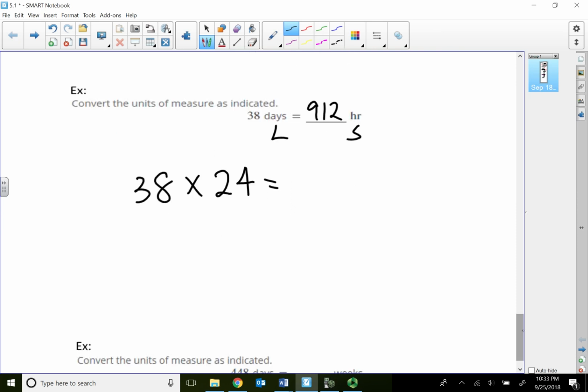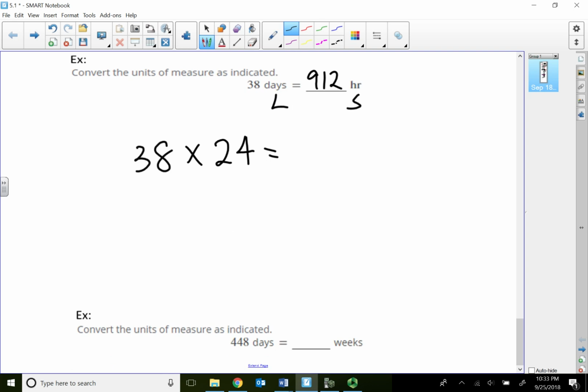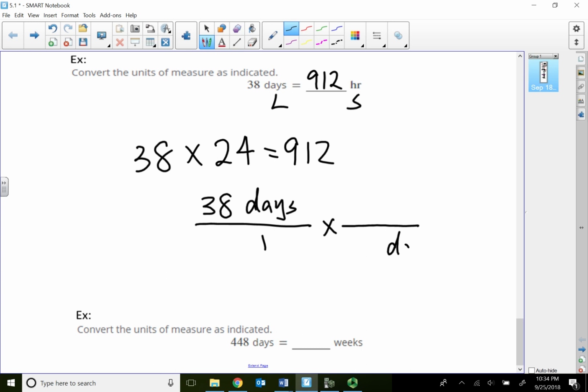All right. Tell you what, let me do this one using the fraction method too, just to keep you fresh. The 38 days. Remember now, you can use either technique. You start off with 38 days over 1 times another fraction. Put your day in the bottom.